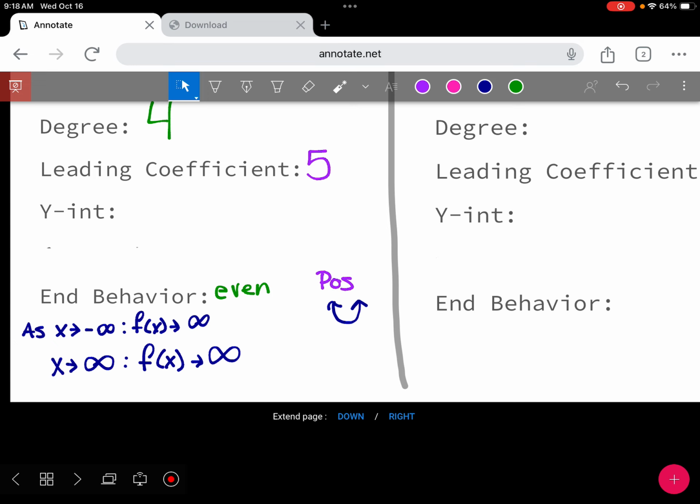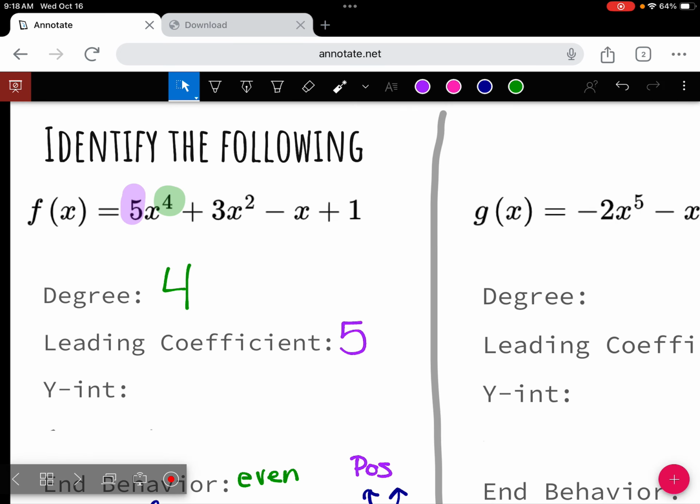So my last question up here is my y-intercept. Where might we have a y-intercept? X equals 0. Not x equals 1. Because my x is 0 because it's a y-intercept. So 0, comma 1. It's always going to be whatever your constant is here.